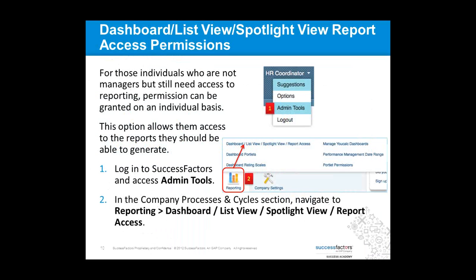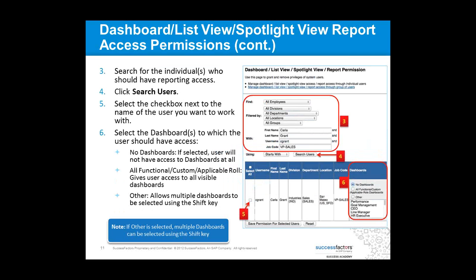You can even give permissions to people who are not managers and need reporting permissions. That can be done on an individual basis. You go to admin tools, click on reporting, and then go into dashboard, list view, spotlight view, report access, and you can give it to an individual user depending on division, department, location, or group.